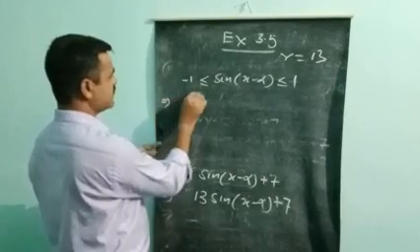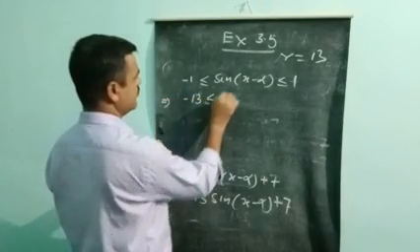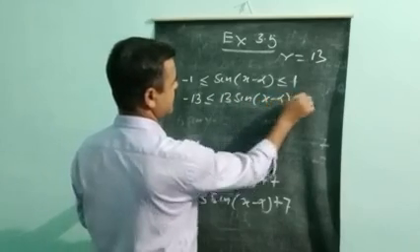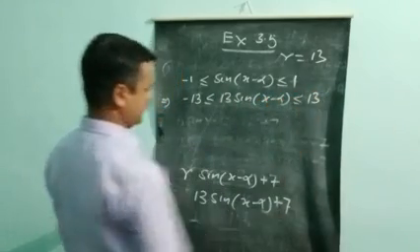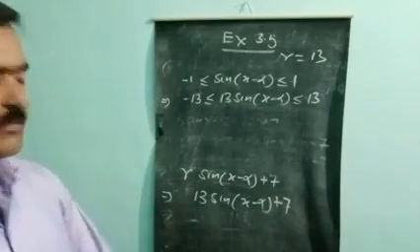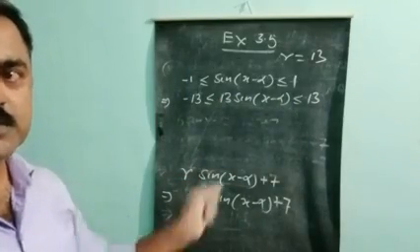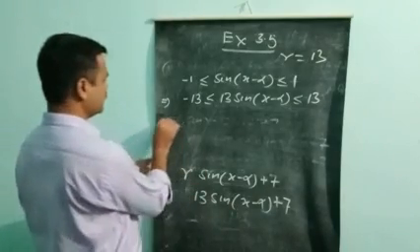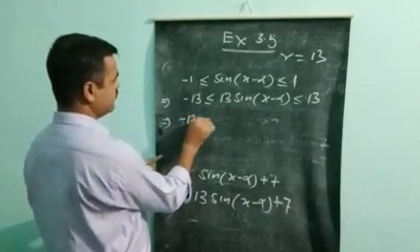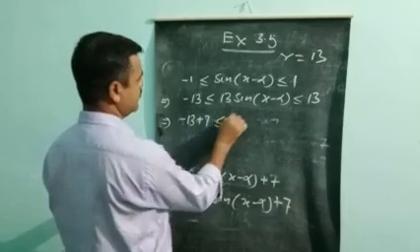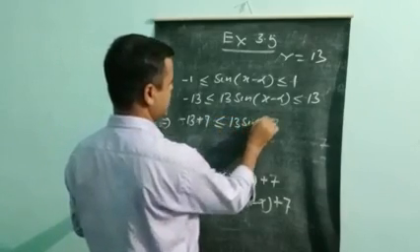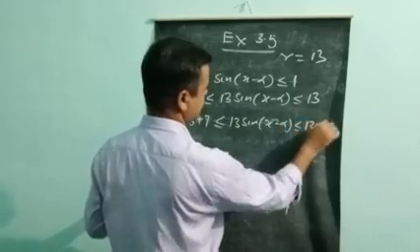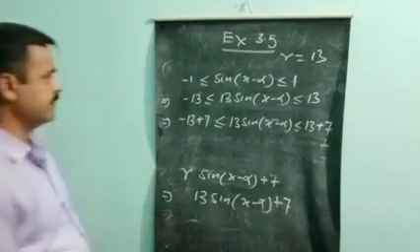So -13 is less than or equal to 13 sin(x minus alpha) is less than or equal to 13. But here 7 is added in this term, so plus 7 on each term. So -13 plus 7 is less than or equal to 13 sin(x minus alpha) plus 7 is less than or equal to 13 plus 7.